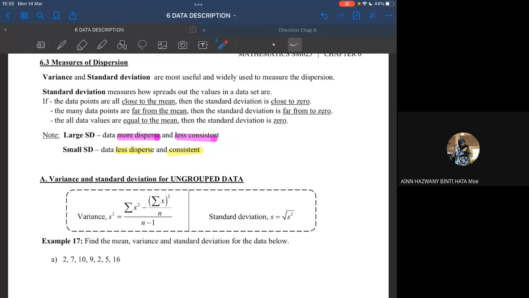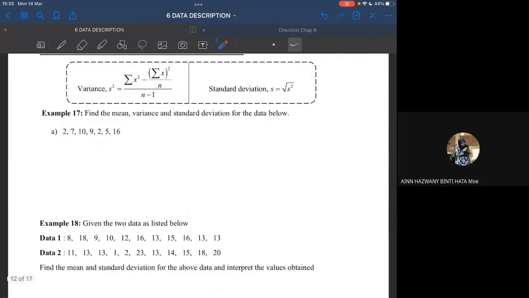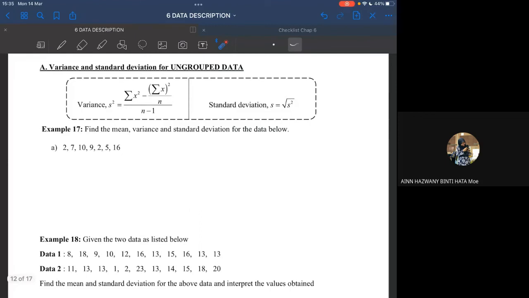Okay, so now let's find variance and standard deviation for ungrouped data. Okay, variance kita boleh representkan sebagai S square ataupun sometimes sigma square, benda yang sama. So now the question asks to find the mean, variance and standard deviation for the data. So nak cari mean macam biasa.